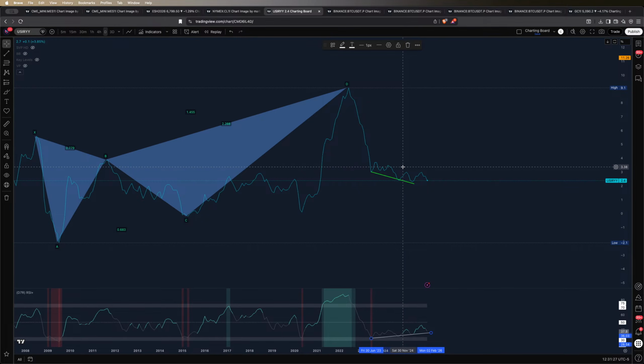Previously, we were also working on this W formation back at the top. Because remember, in 2022, we were looking for a potential topping action around 9% on inflation, with a decline to where? To the current levels, mainly at the common areas of retracement.